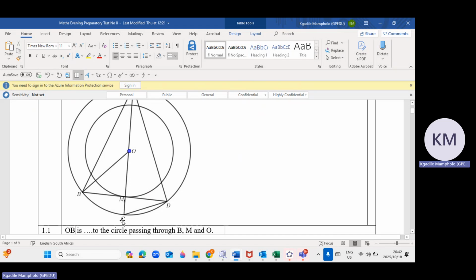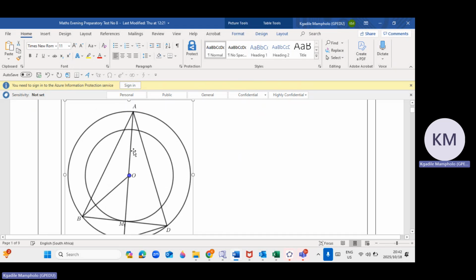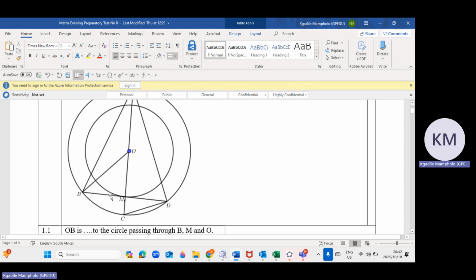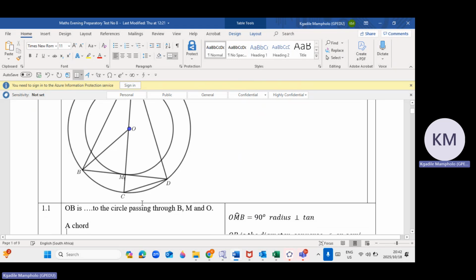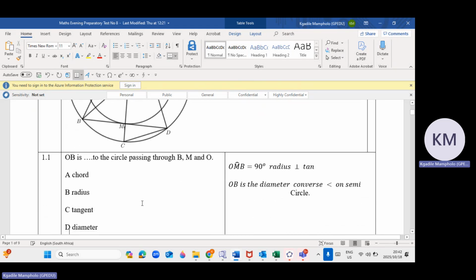So if MC is 3, then OM is 12 units. Also OA is the radius, so it will also be 15. Then AM is 15 plus 12, which is 27.